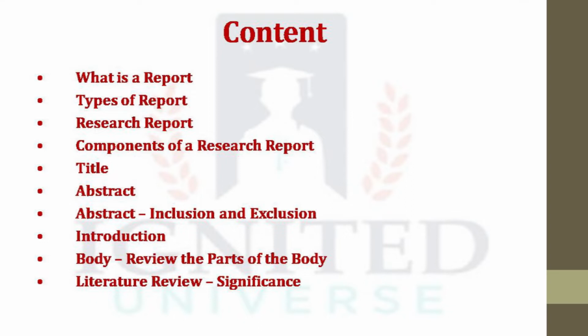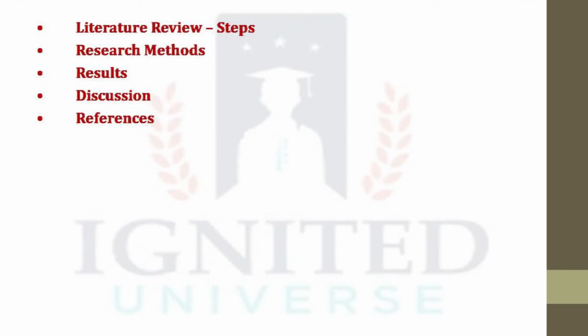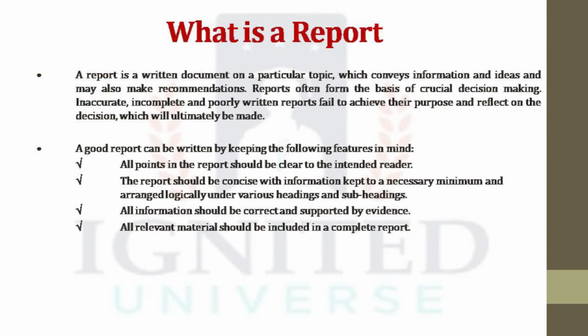Then we'll move on to research report, wherein we'll be taking up components of a research report, its title, abstract, what should be included and what should be excluded from abstract, the introduction, body of the research, literature review and its significance, literature review steps, research methods, results, discussion, and then the references. So, starting with, what is a report?